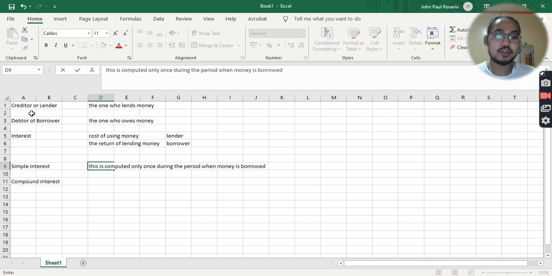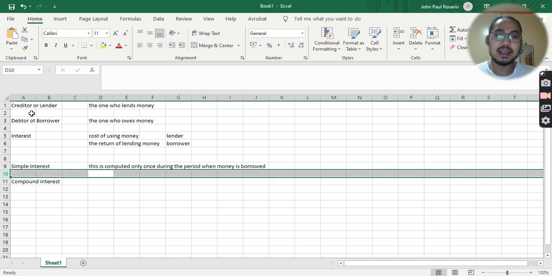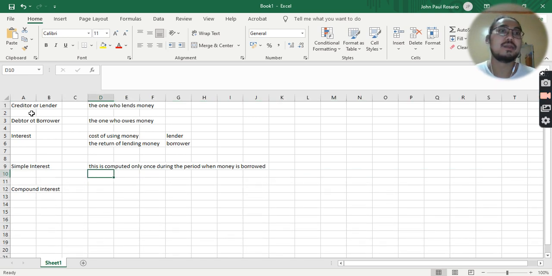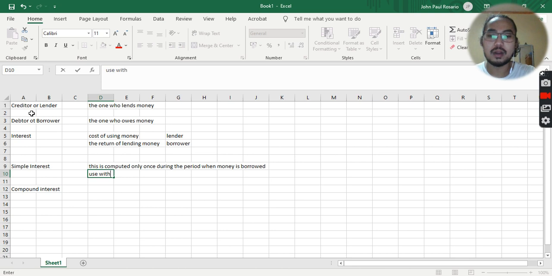So usually this is used in credit terms, used with loans with a credit term of less than 1 year.